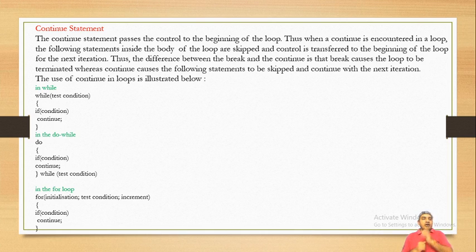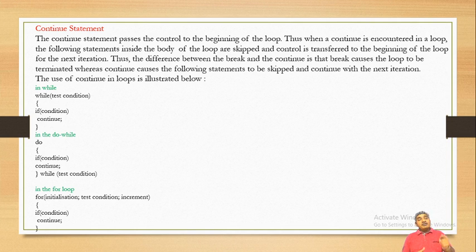In a do while loop, first do, then check the condition. If it is false, still continue. While again tests the condition. A do while loop is a bottom tested loop, so the condition is tested at the bottom of the loop.